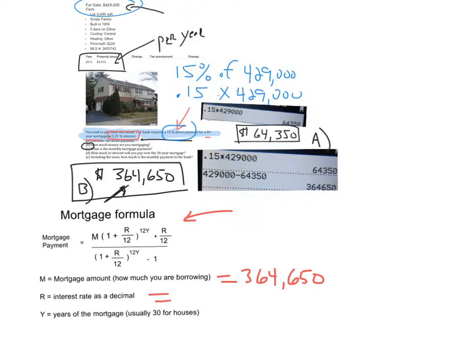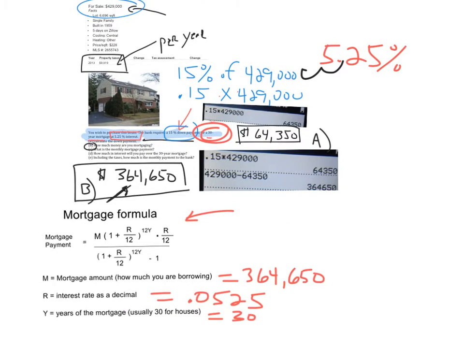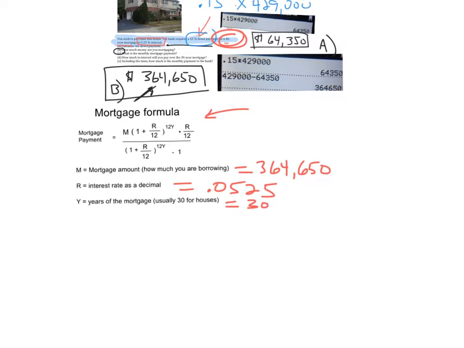This problem said we need to pay 5.25% interest, so we move the decimal point 2 places to the left. So here our R value is 0.0525. And Y, the years of the mortgage, traditionally for houses, they give you a 30-year mortgage. So we're going to take those three values and plug them into the mortgage formula to figure out the monthly payment.